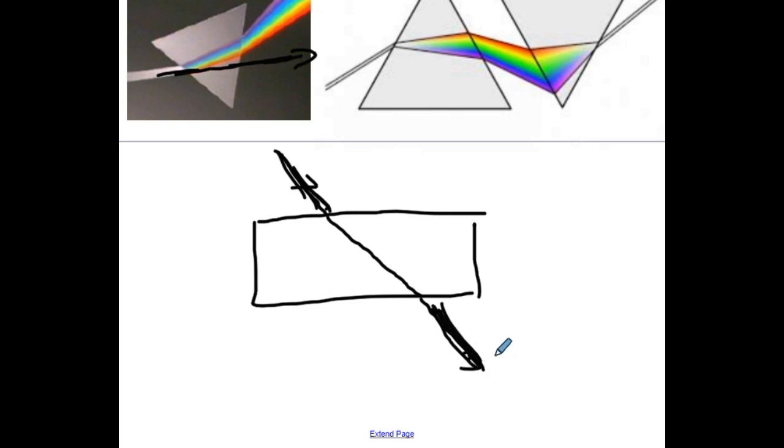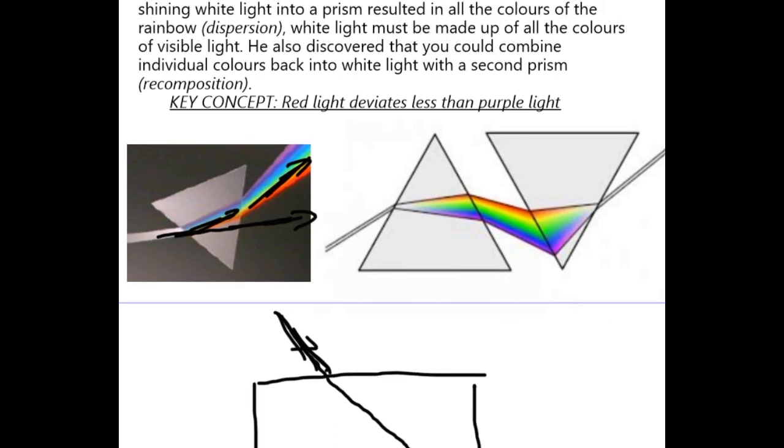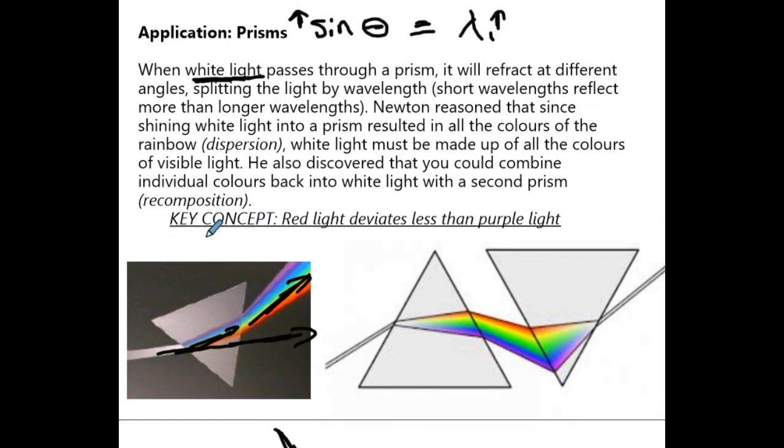And you wouldn't have any dispersion. But if you set up the geometry so that you get kind of a triangle out of it, it bends once, and then it bends a second time, and it really spreads out the light. And I've got some pictures to illustrate this, but this is a principle you need to know. I put it right here, key concept. You need to memorize that red light deviates less than purple light.